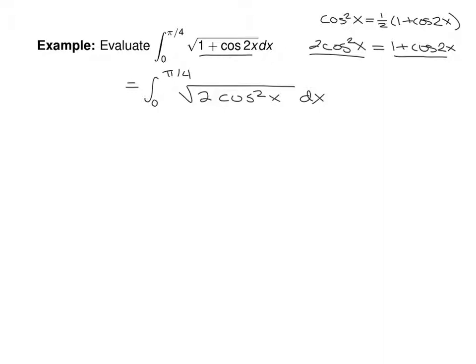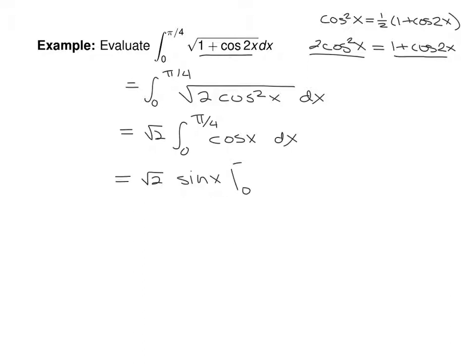I know it's not pretty, but the square root of 2 is just root 2. So there you go, root 2. Just leave it. And the square root of cosine squared is just cosine. And from 0 to pi quarters, cosine is actually positive, so you can ignore the whole plus or minus business. And then the antiderivative of cosine is just sine.